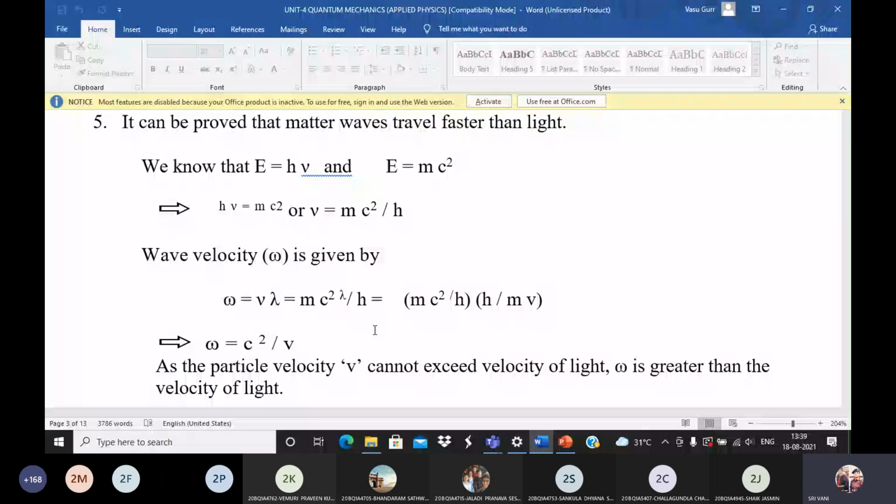De Broglie wave equations: wavelength in terms of momentum, wavelength in terms of velocity, wavelength in terms of kinetic energy, and wavelength in terms of the potential.